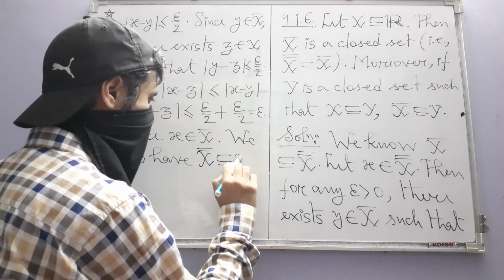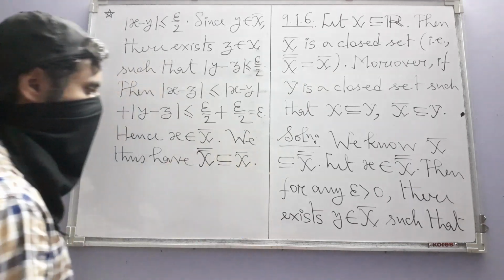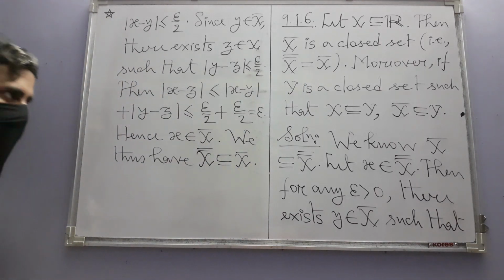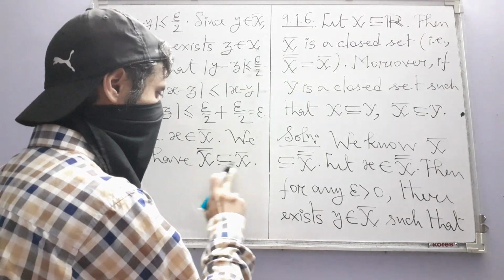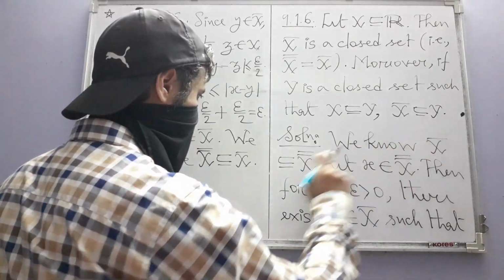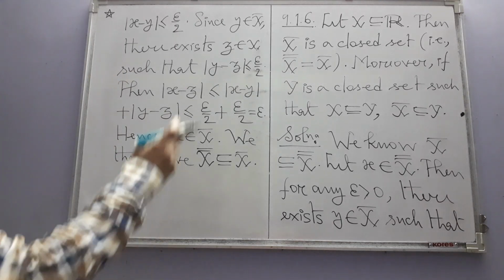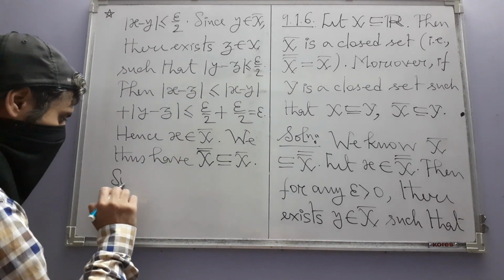So the closure of X is contained in the closure of X. Now you combine this containment and its reverse containment, and that gives you the equality.